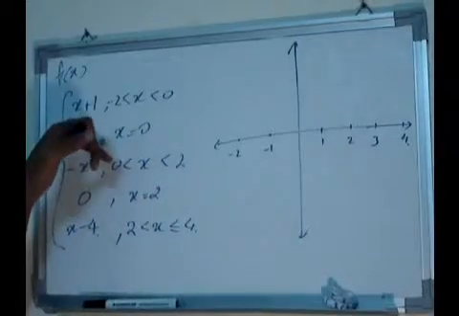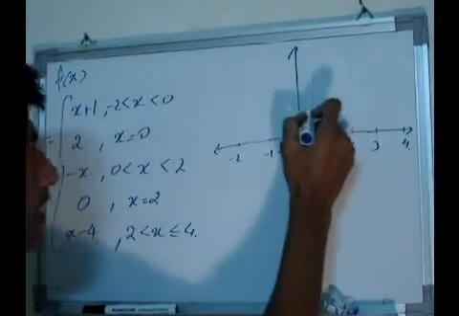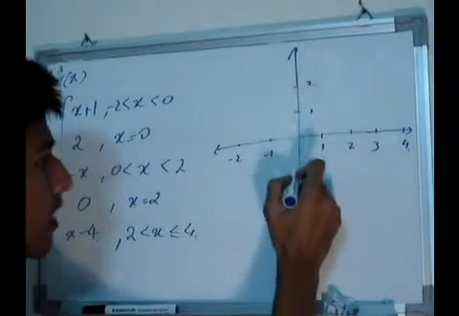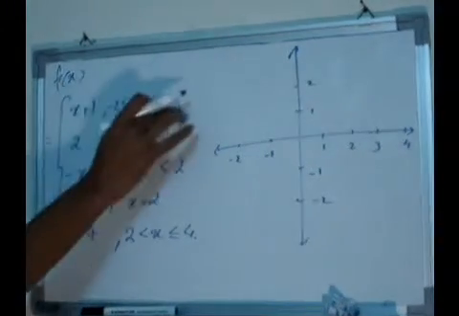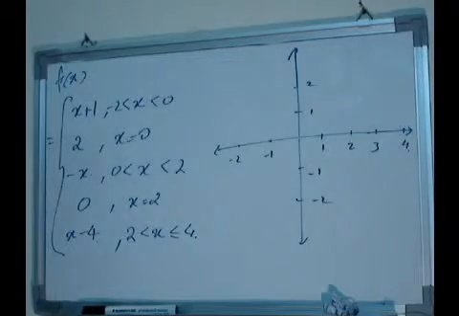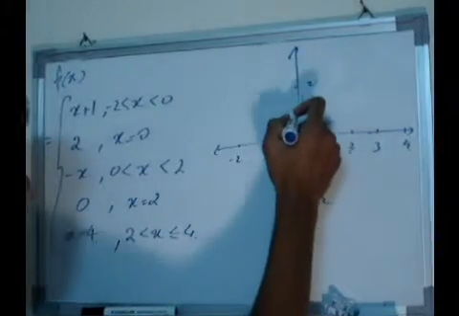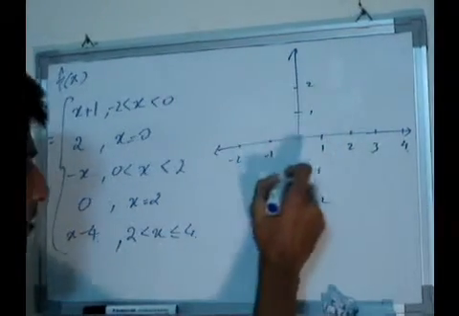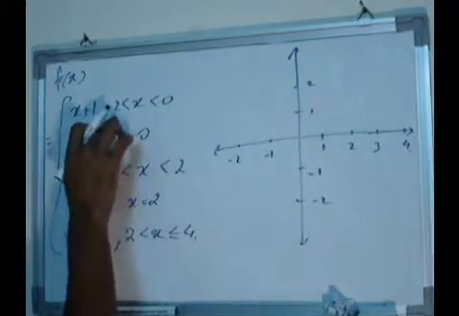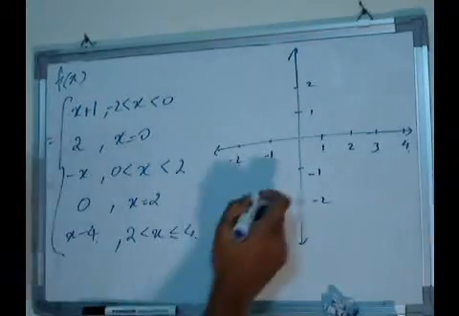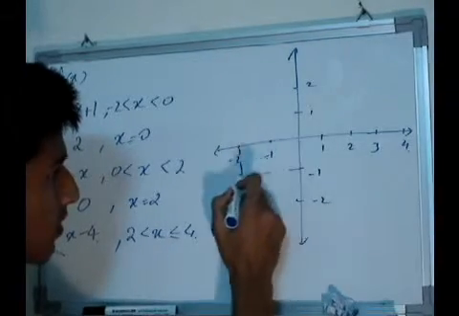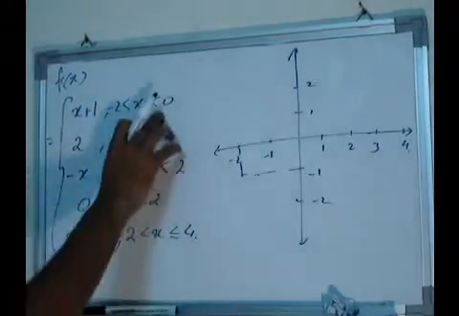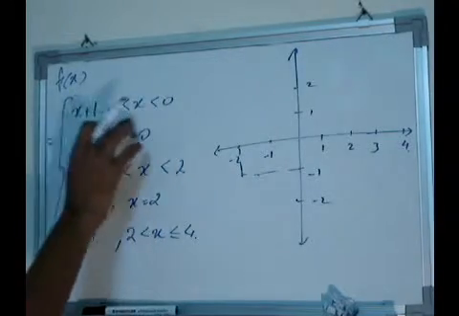Our first function, between -2 and 0, is x plus 1. Let's plot the graph for x plus 1. At x equal to -2, we have the value -1, and at x equal to 0, we have 1.